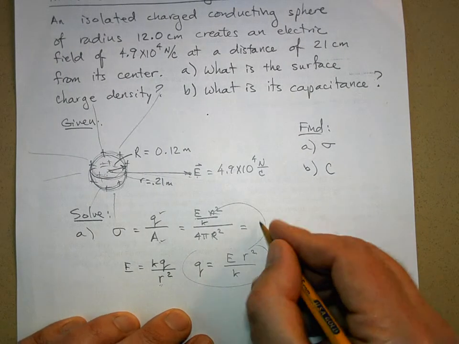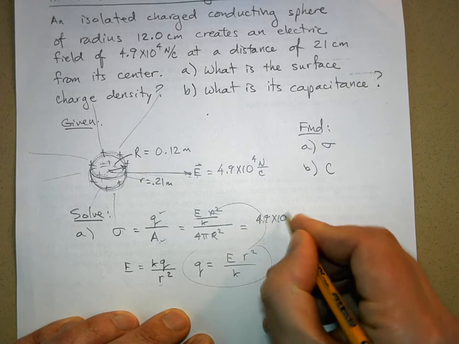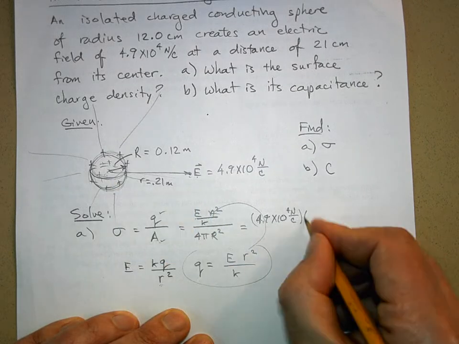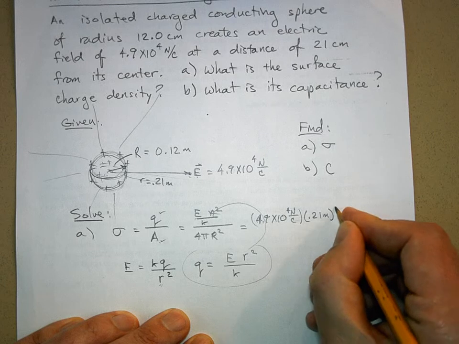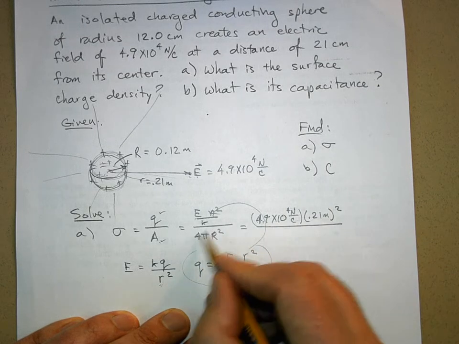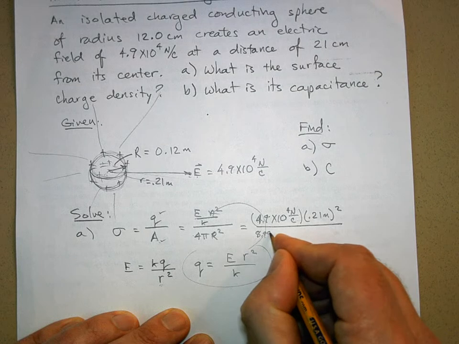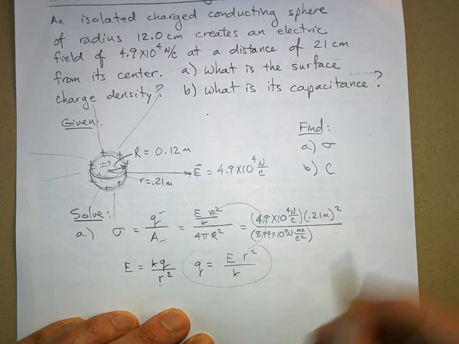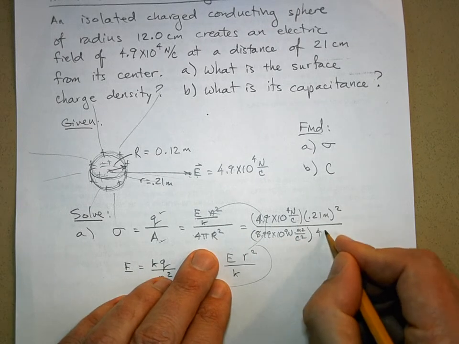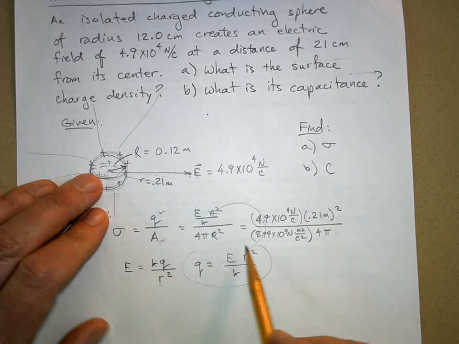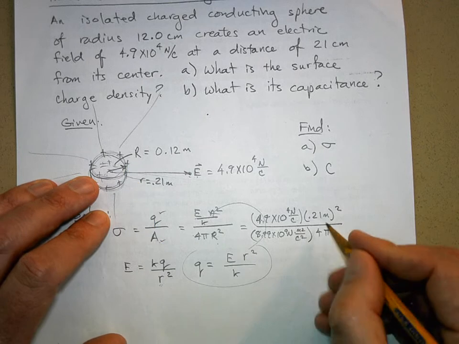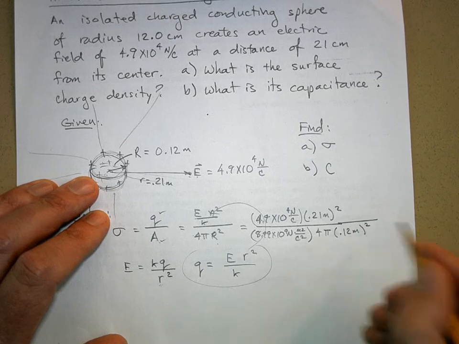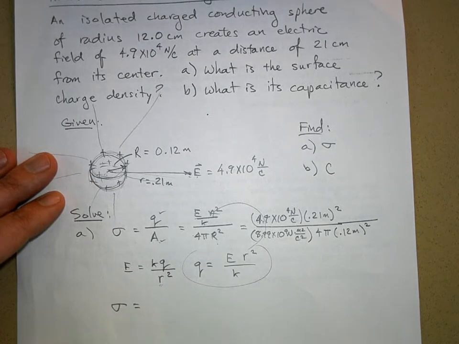The electric field is 4.9 times 10 to the 4 newtons per coulomb. r squared is 0.21 meters squared, divided by K, which is 8.99 times 10 to the 9 newton meter squared per coulomb squared, and then 4 pi and capital R squared, that's the 0.12 meters, and you need to square that as well. And you plug those values in.